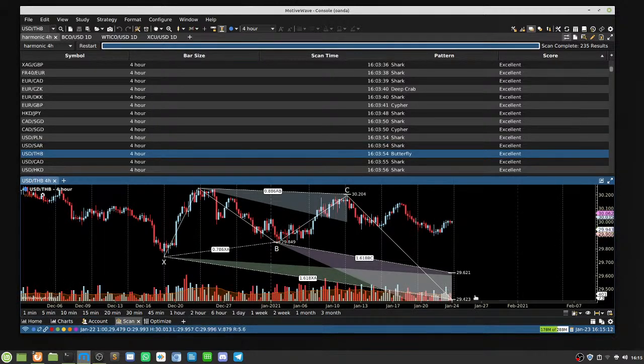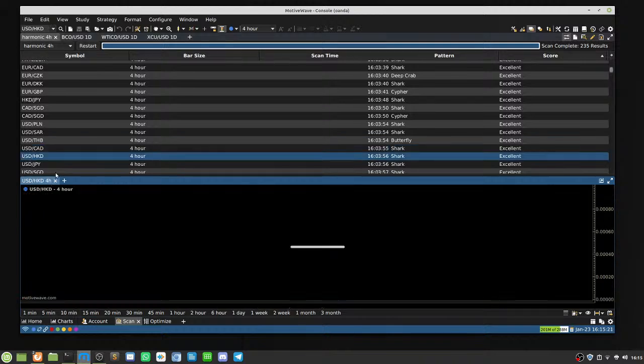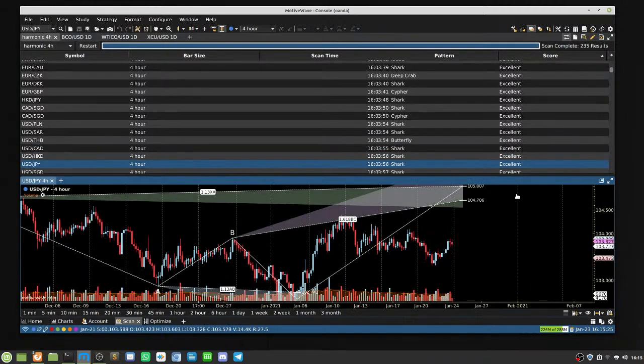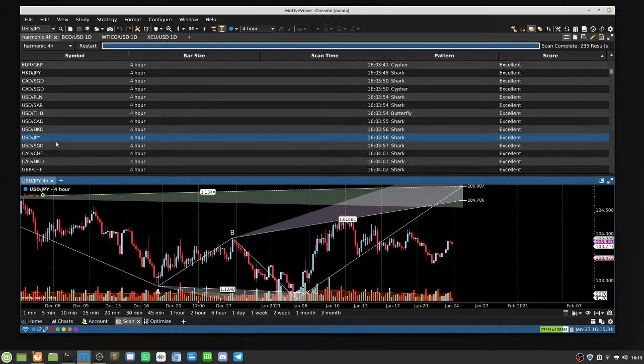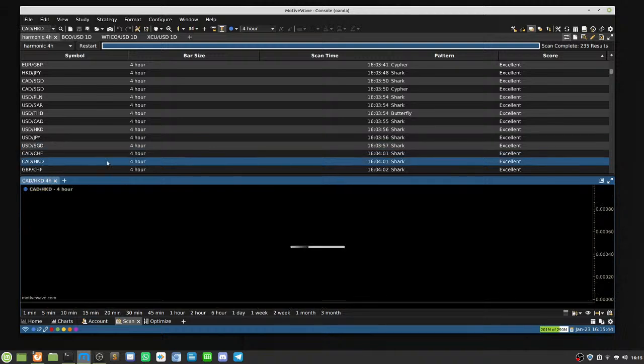Thai baht has a short as well. Here's a second USD Canadian with another long call, so that's pretty convincing. USD Hong Kong, no, that's a short. Another long call for the USD Japanese yen, and these are all rated excellent. So these are holding on. USD Singapore again along there.